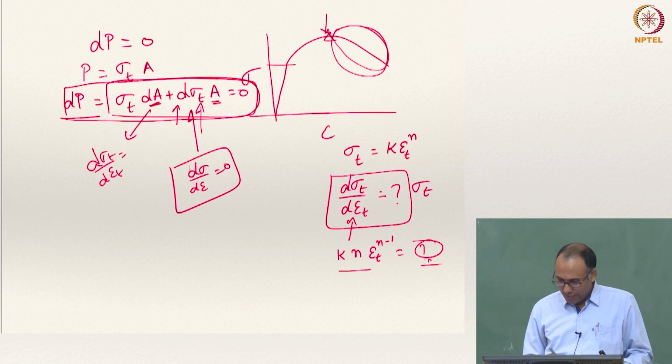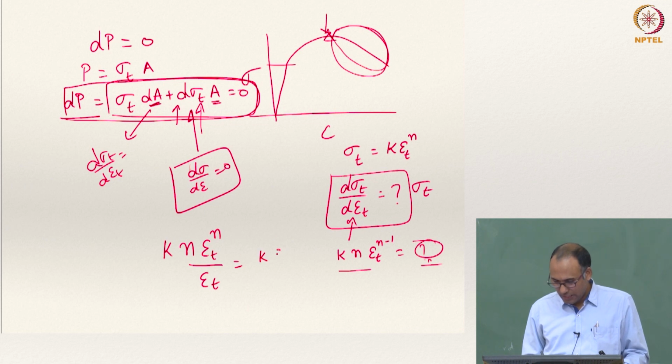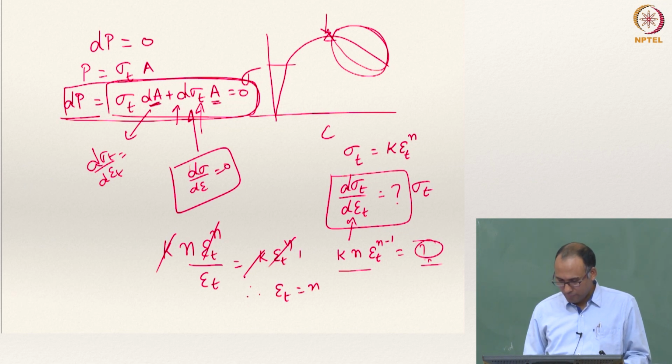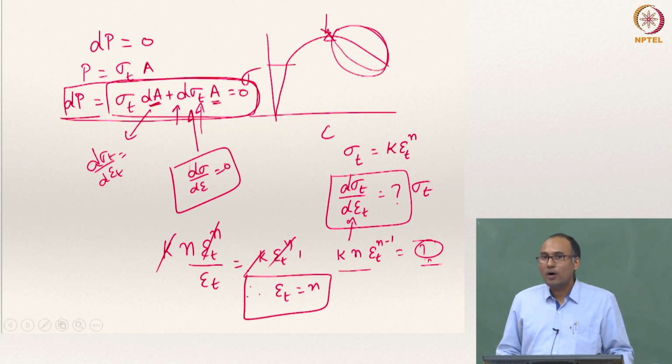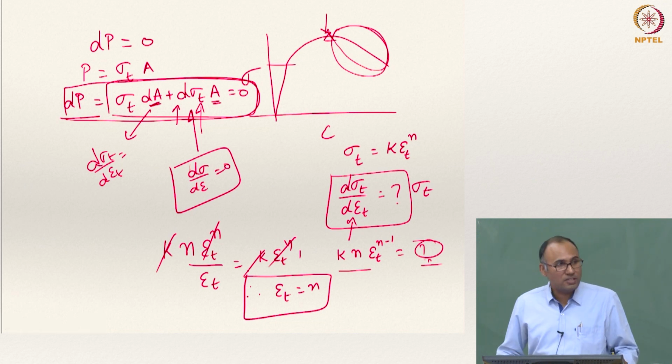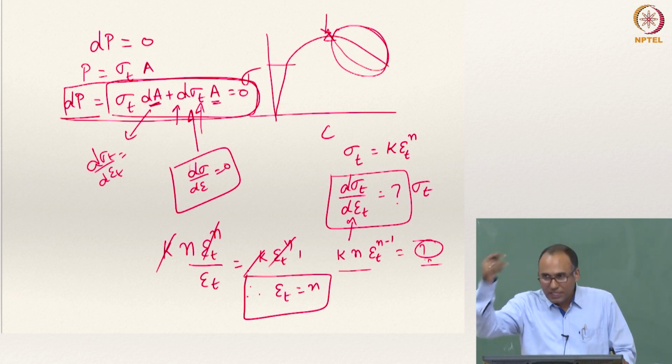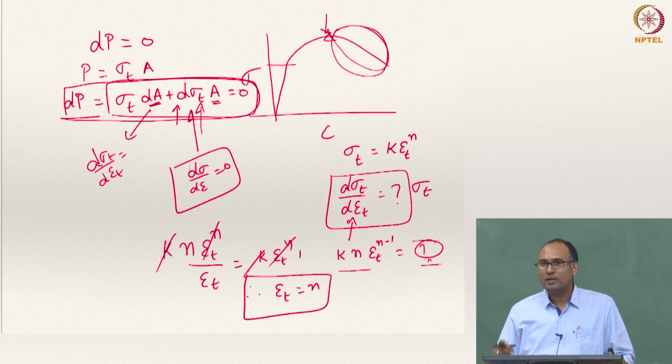That means, if you want to work further, k times epsilon T power n divided by epsilon T is equal to sigma T, which means k times epsilon T power n. K gets cancelled, epsilon T gets cancelled. Therefore, epsilon T equals n. In other words, when your true strain becomes equal to n, the hardening exponent, that is when necking begins, right?